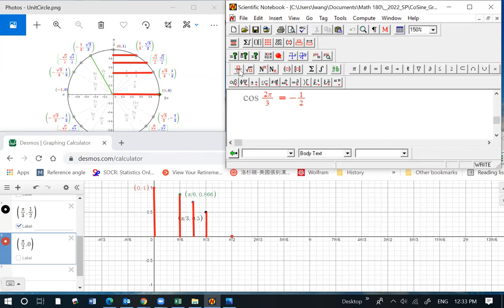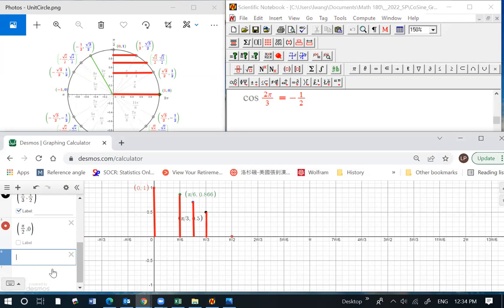Okay, the whole process is reflecting on ARD. So what would that be? So we can mark that point. So that point, 2 pi over 3 is the input, -½ is the output, right?